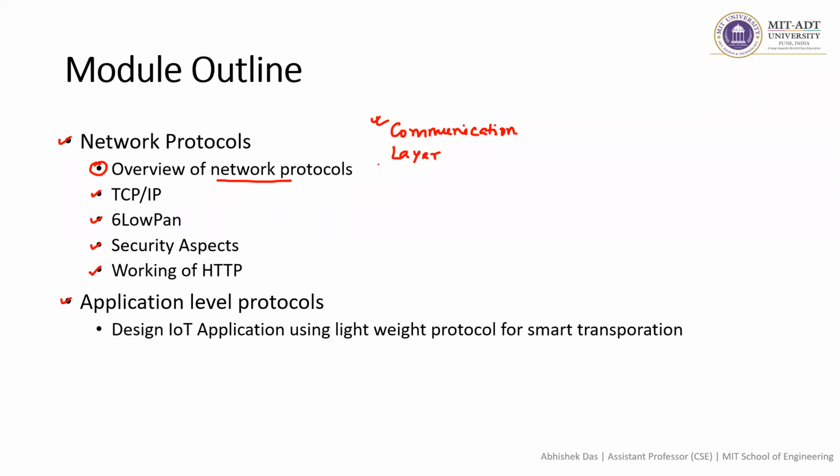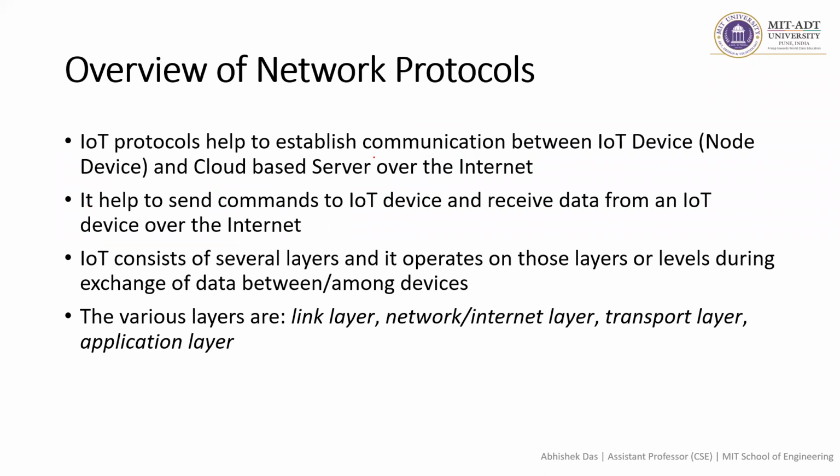Okay, so let us come to the overview of the network protocol, where you can see that the IoT protocols help to establish the communication between an IoT device, which you can also call a node device, and the cloud-based server over the internet.